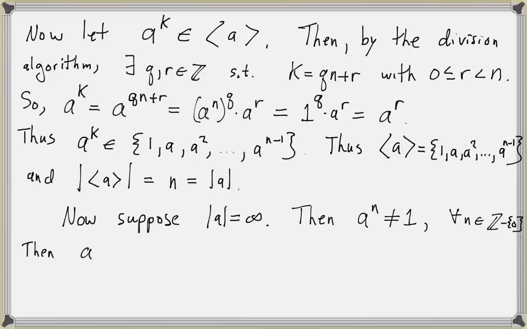Then if a to the power i equals a to the power j, that's true if and only if a to the power j minus i equals the identity. The only way this could be true is if j minus i is equal to 0, and this is only true if j equals i. Therefore, if j does not equal i, then a to the i will not equal a to the j.